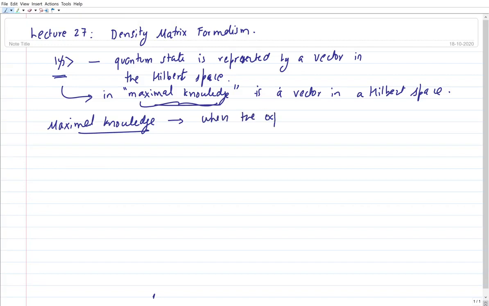the experimentalist has all the knowledge to carry out the experimentation, to prepare the system.